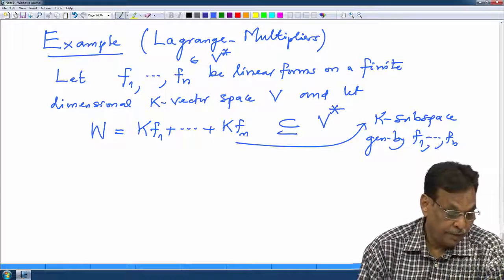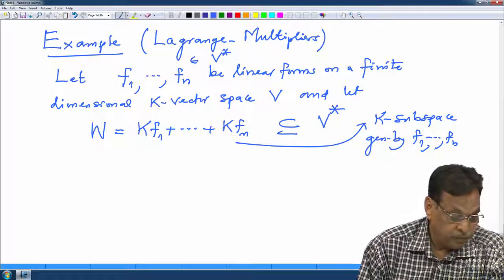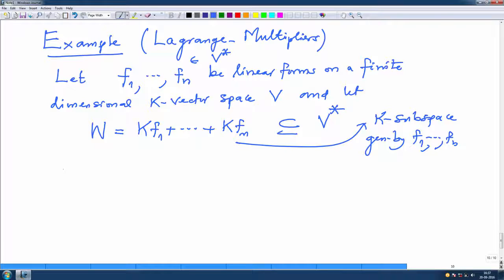Then by definition of this left circle W, this is nothing but the intersection of their kernels, kernel f1 intersection kernel fn.